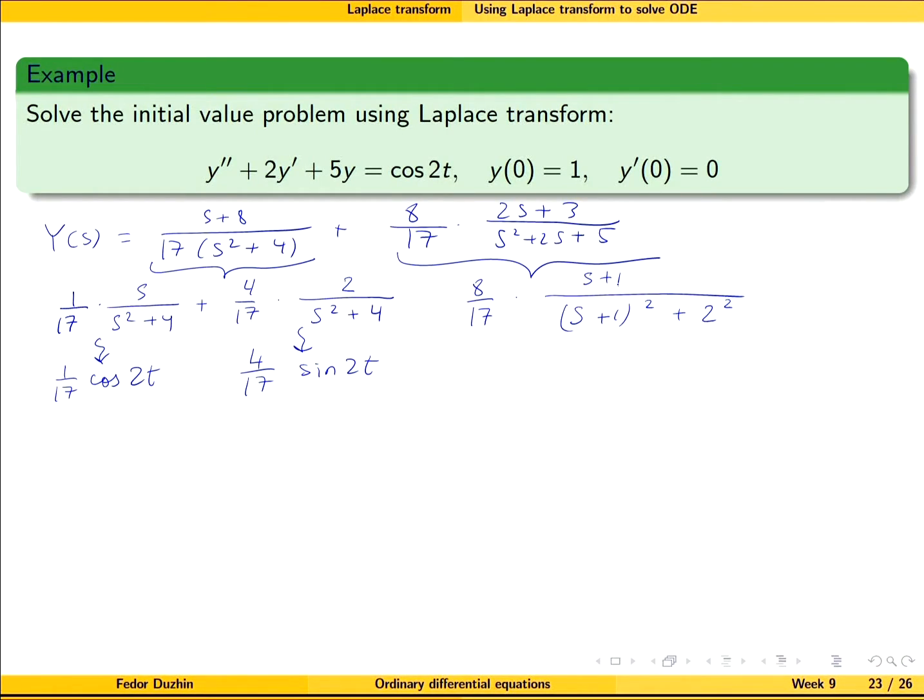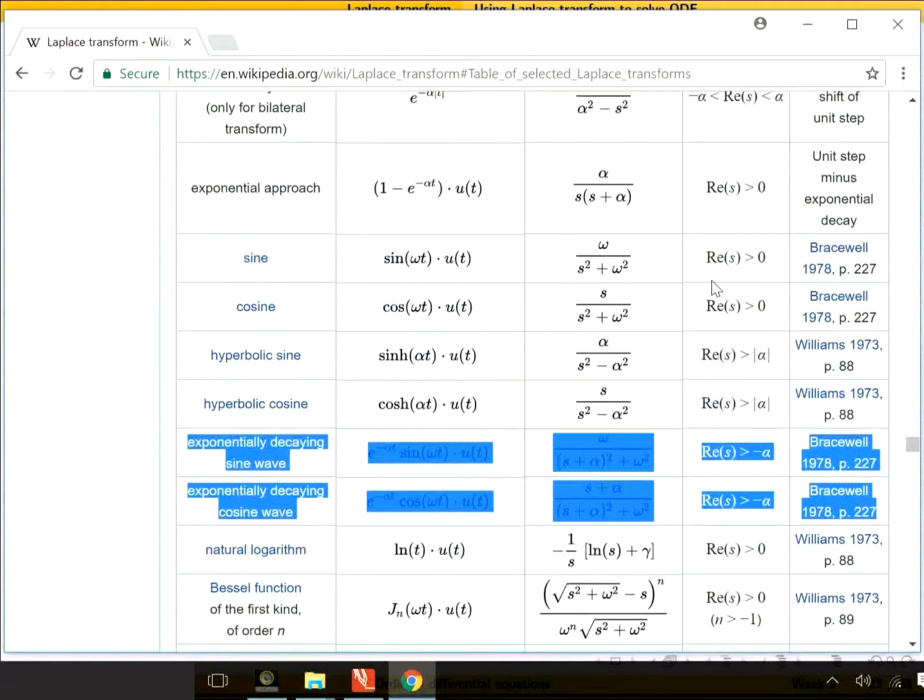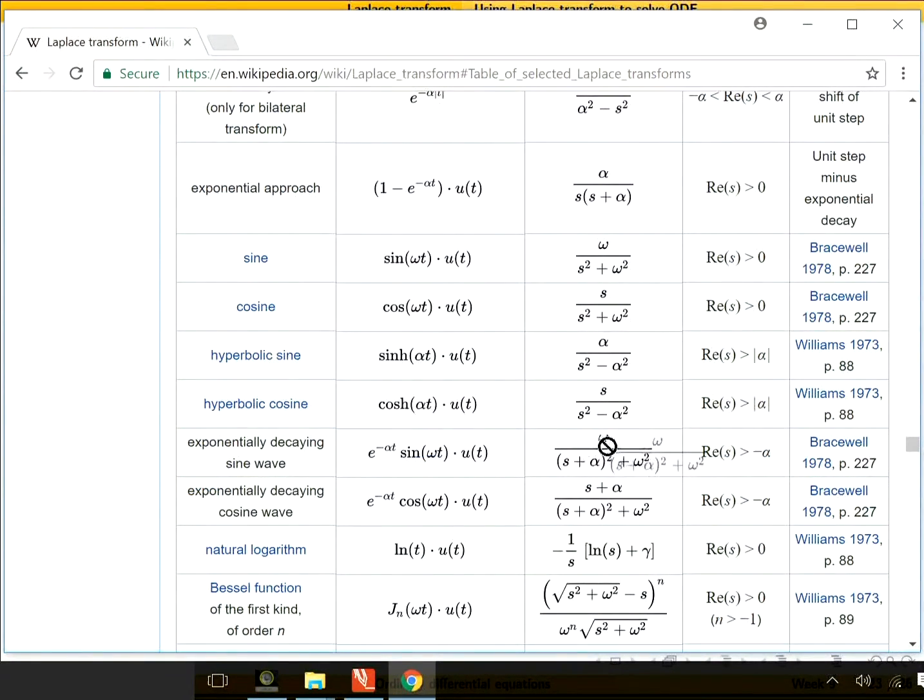So I'm going to write s plus 1 first. In order for this whole thing to be consistent, I must multiply by 2. So then I'm going to have 2s plus 2, and the original expression has 2s plus 3. So I'm going to write plus 1. But furthermore, if you look at this expression, the numerator is omega, where omega squared appears in the denominator.